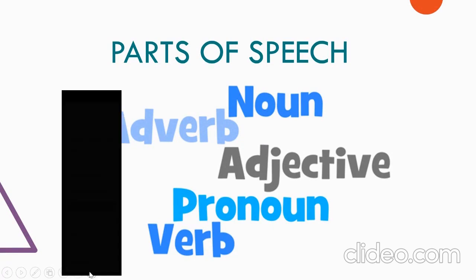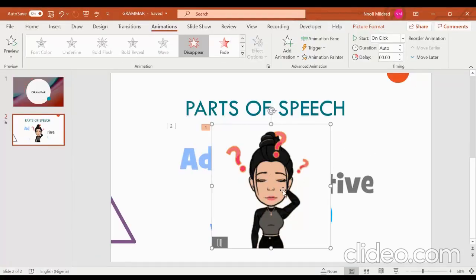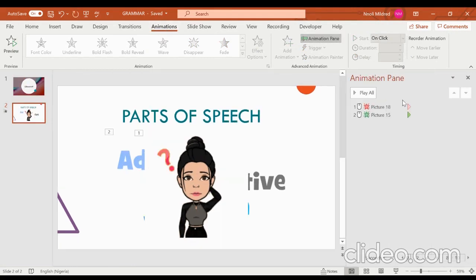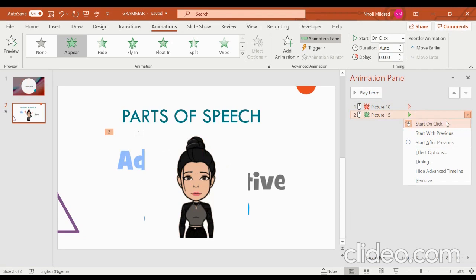I want to automate it so that immediately it's disappearing, it's appearing. So that will take us to the animation pane. This is where you are directed on what to do when you do any animation on PowerPoint, on how to arrange everything. Most times you have to name them if you have a lot of animation.